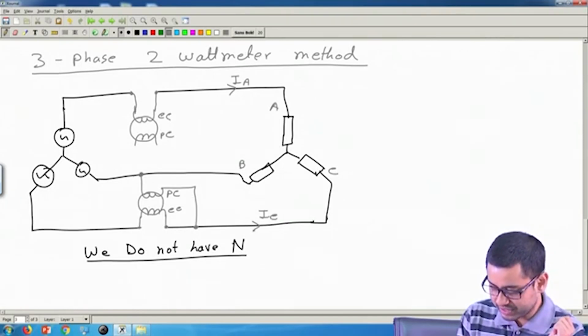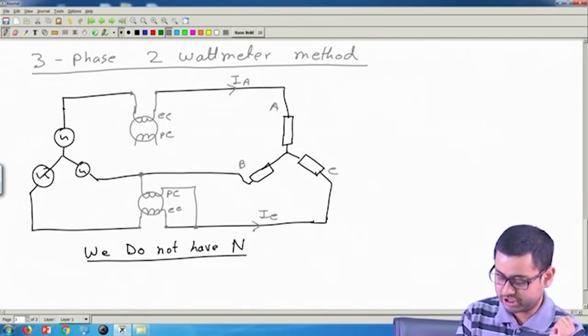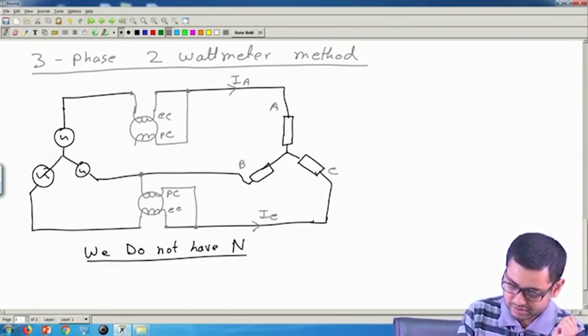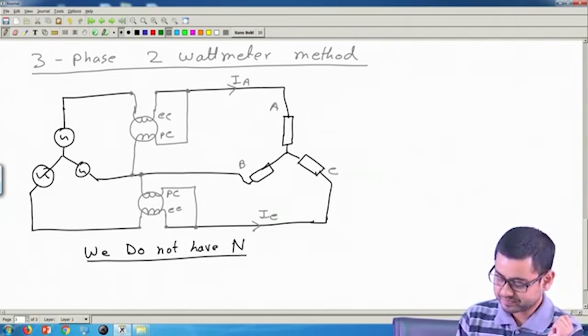The current coil is in C phase, and the pressure coil therefore will go between C and B, which is not used. Similarly, here also, one side to the corresponding line, another side to the unused line B. Okay. This is how to connect.